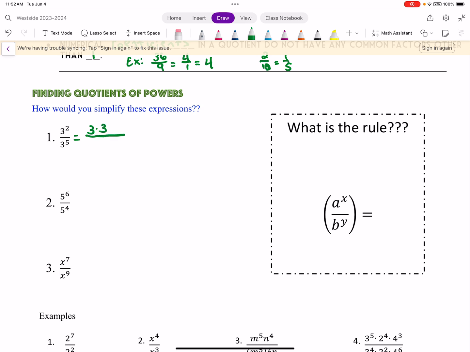And then if I have 3 to the 5th power, that's going to be 3 times 3 times 3 times 3 times 3. Well, in a fraction, if we have the same number on top and bottom, we could go ahead and simplify those. This would leave us with a 1 on the top, and then we would have 3 to the 3rd on the bottom. So 3 squared over 3 to the 5th is the same as 1 over 3 to the 3rd.